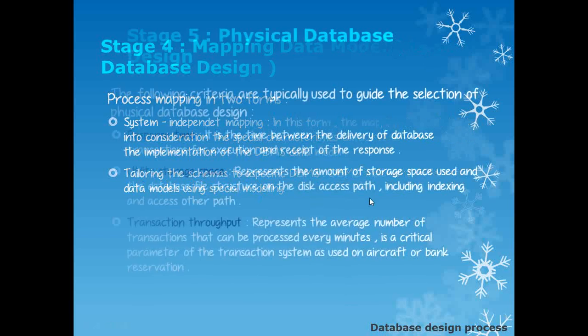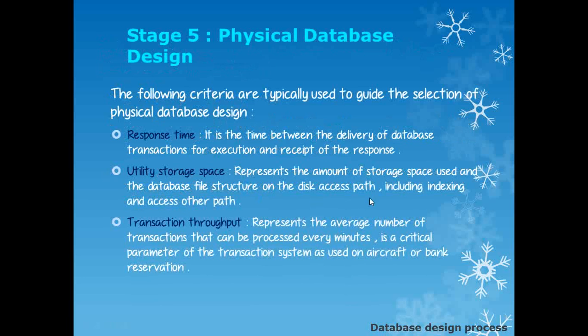Stage 5. Just before, we had logical database design. Now we go to physical database design. The following criteria are typically used to guide the selection of physical database design. 1. Response time. It is the time between the submission of a database transaction for execution and receipt of the response. 2.